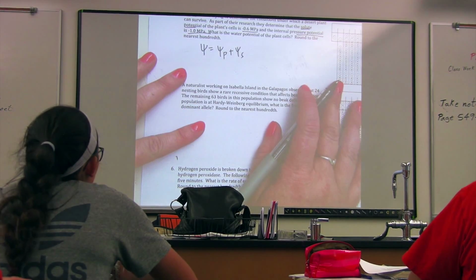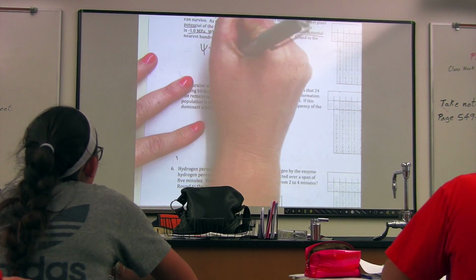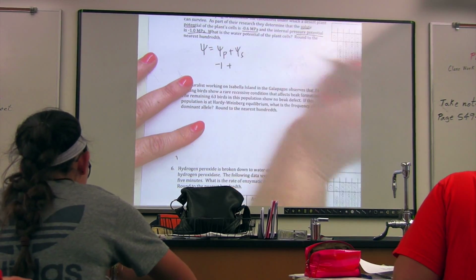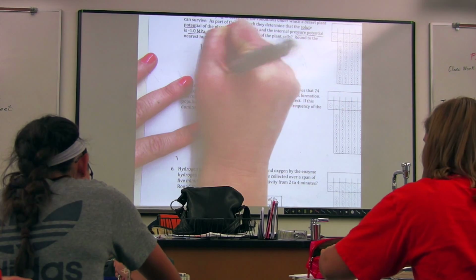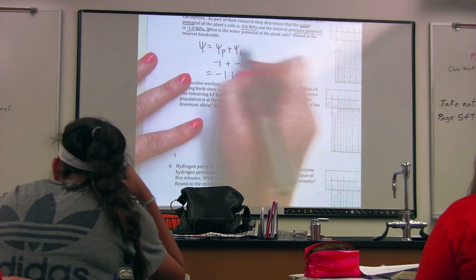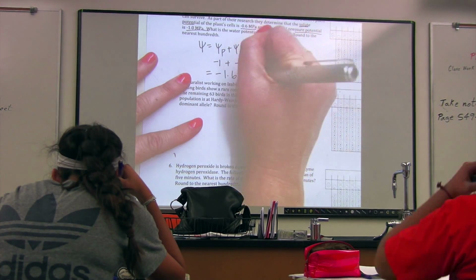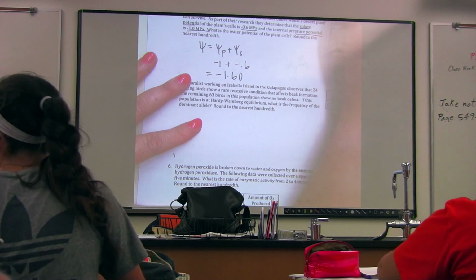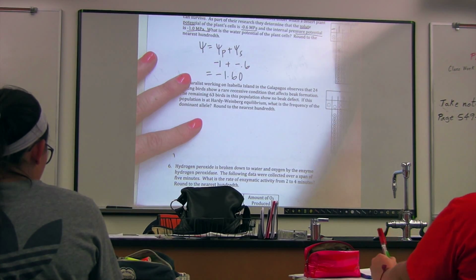Did they give me the pressure? Yes, negative 1, plus the solute, negative 0.6, which gives me negative 1.6. I want to round to the nearest hundredth. Negative 1.60.